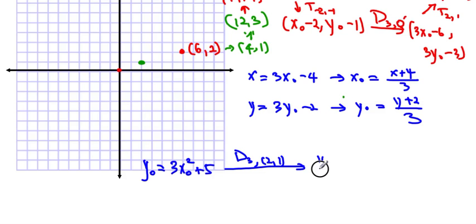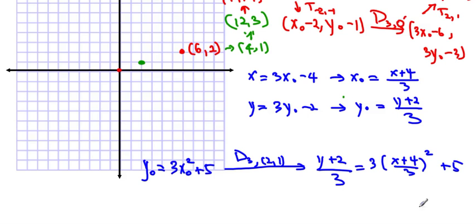So we have (y plus 2) over 3 is equal to 3 times ((x plus 4) over 3) squared plus 5. That becomes our final answer.